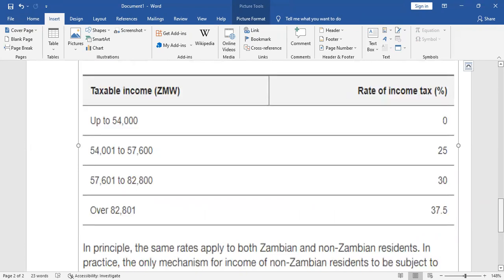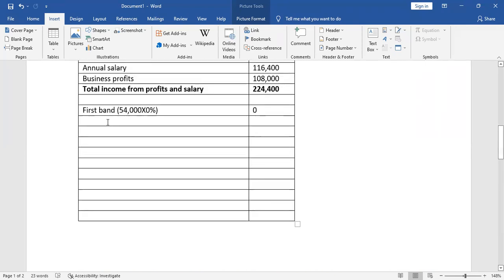I'll say 57,600 minus 54,000, meaning the next amount to be taxed at 25% is 3,600. So 3,600 has to be taxed at 25%. Second band.